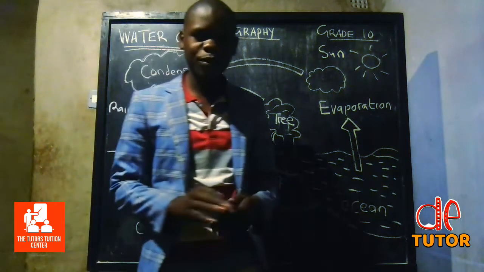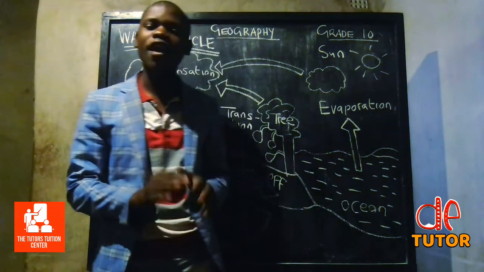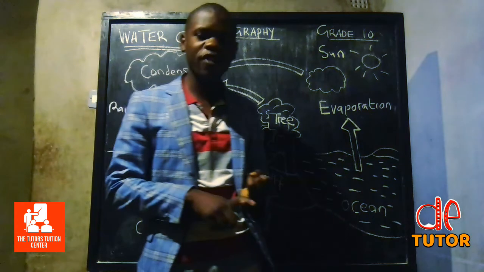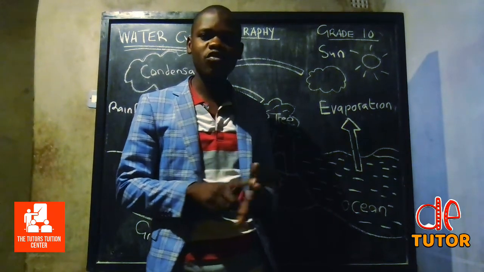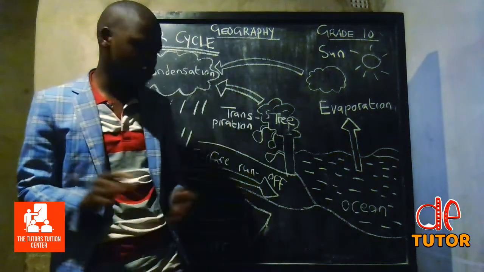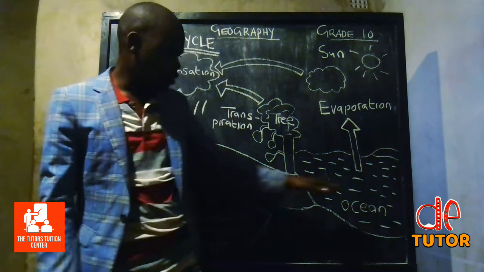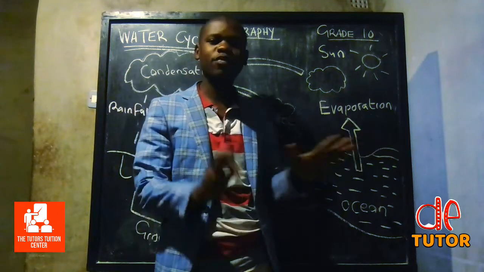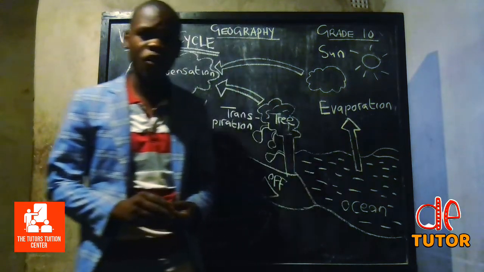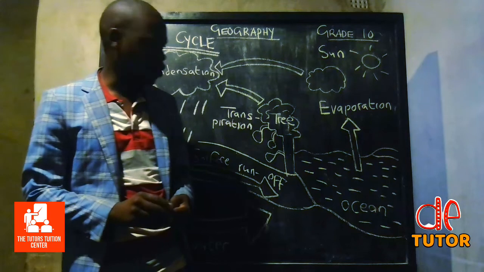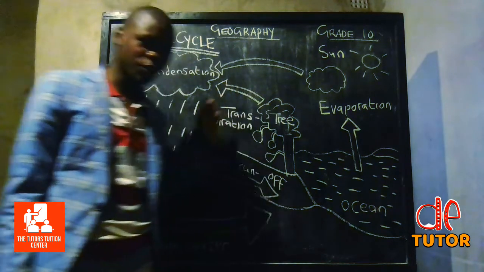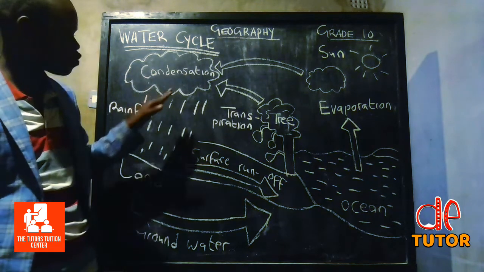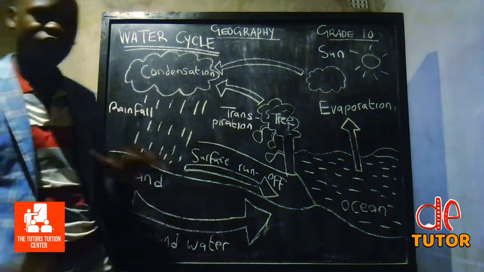We have the rivers, lakes, dams, swamps, and ponds. All those are water bodies. When water is changing its state from liquid to gas, that process is called evaporation.